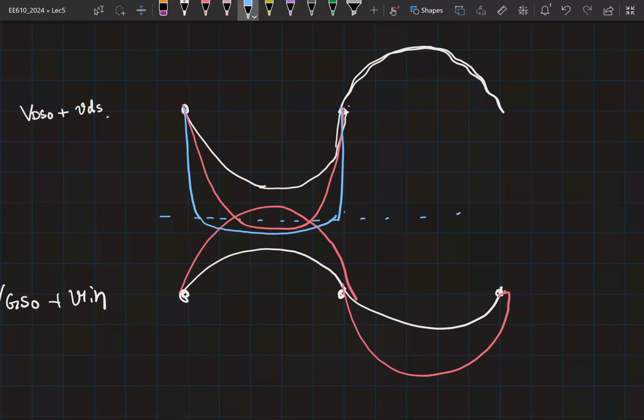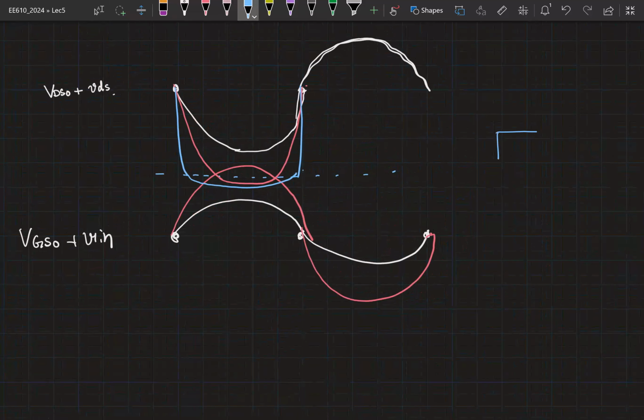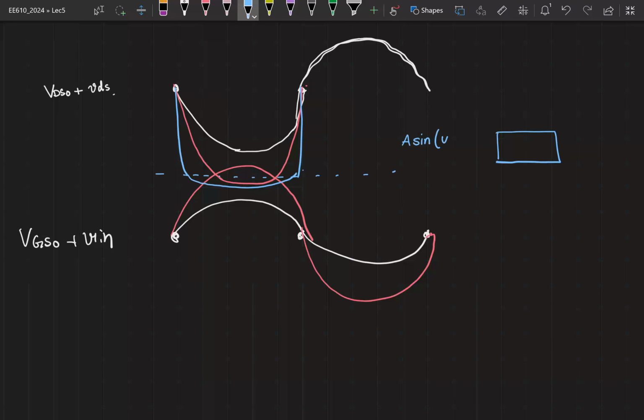So in other words, I had a system. At the input of this, I gave some A sine of omega in t. I would expect to see some amplified output, let's say by alpha times, or if you want to use a number, 10 times A into sine of omega in t. Right?